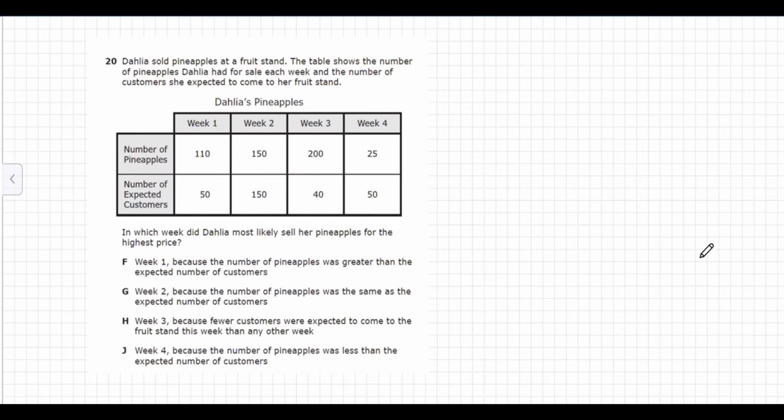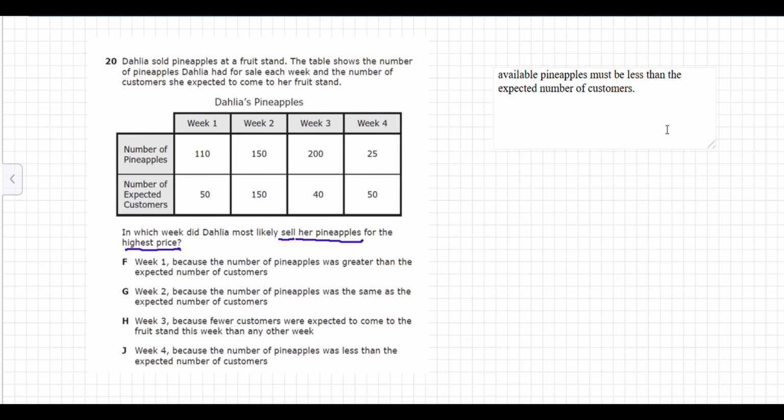Question number 20. Dahlia sold pineapples at a fruit stand. The table shows the number of pineapples Dahlia had for sale each week and the number of customers she expected to come to her fruit stand. In which week did Dahlia most likely sell her pineapples for the highest price? The number of available pineapples was less than the expected number of customers.